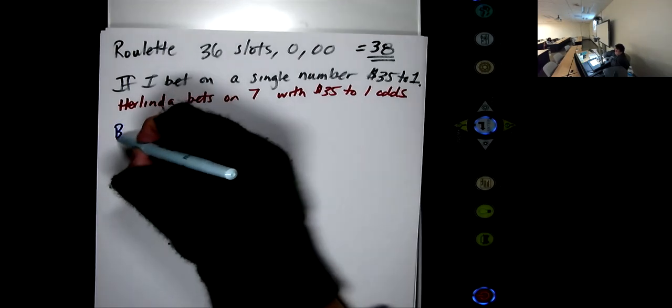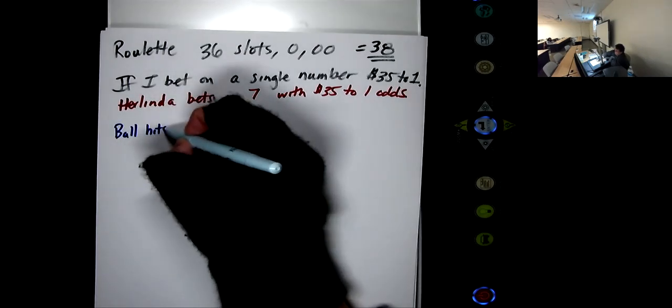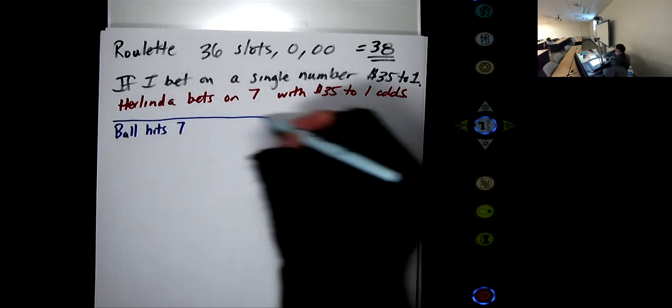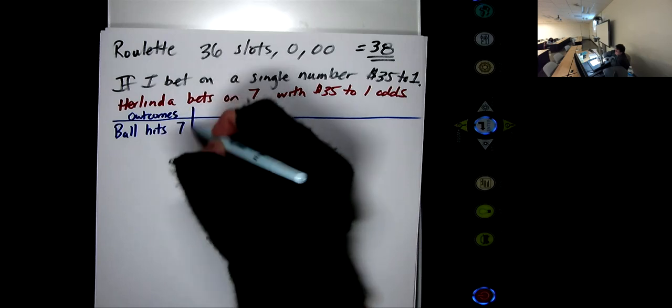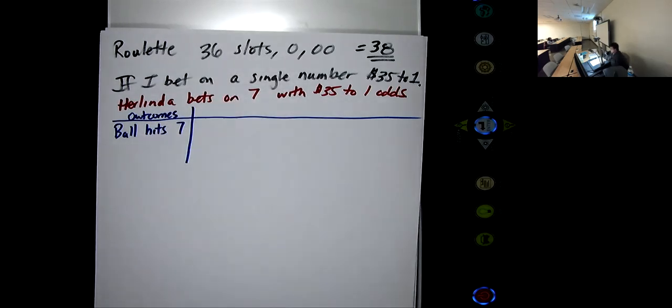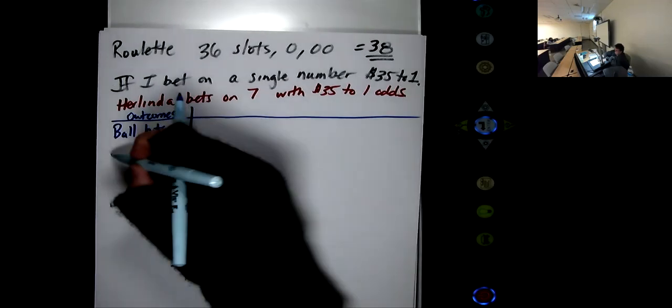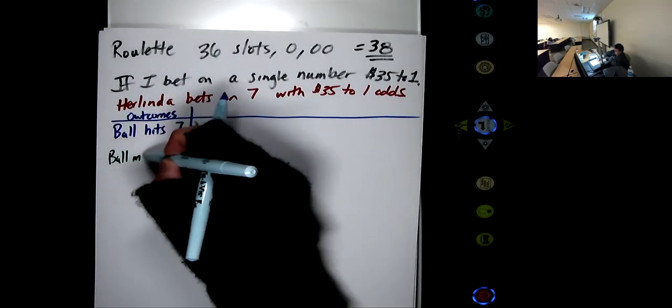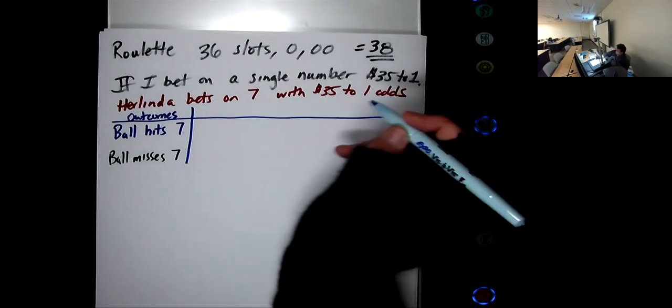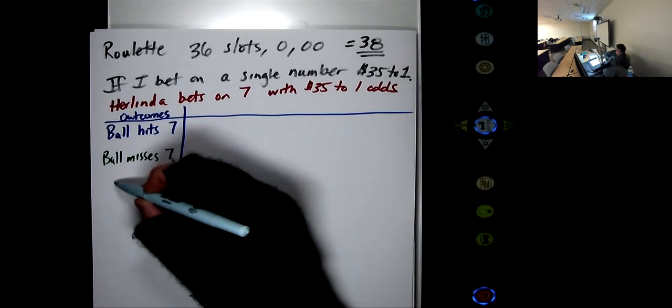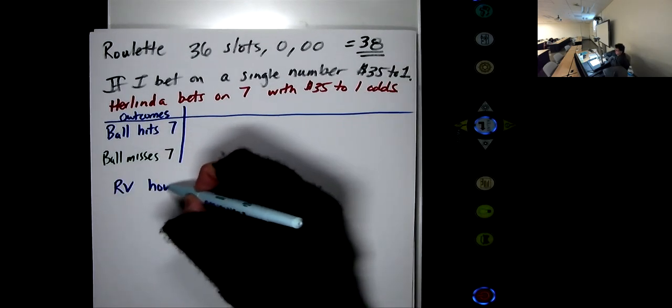One outcome is that the ball hits the 7, or the ball misses the 7. I'll do the miss in green. So we'll make the random variable X how much she wins.